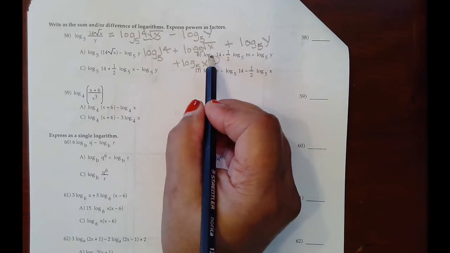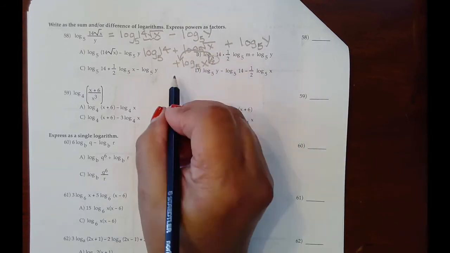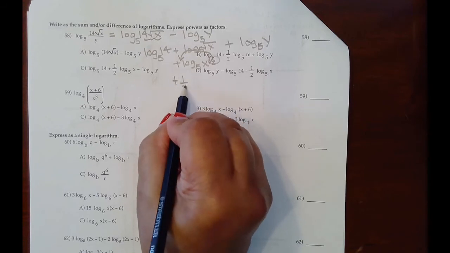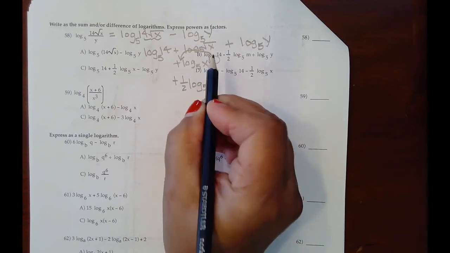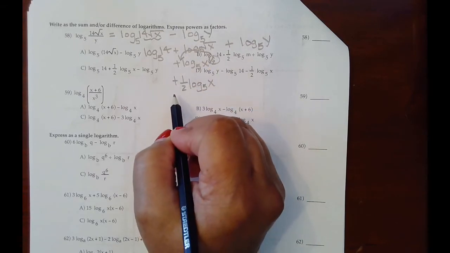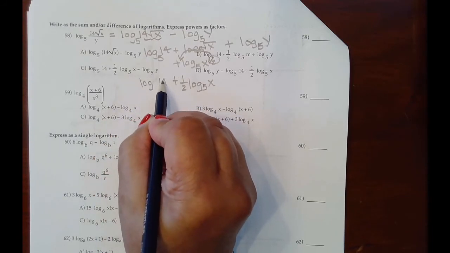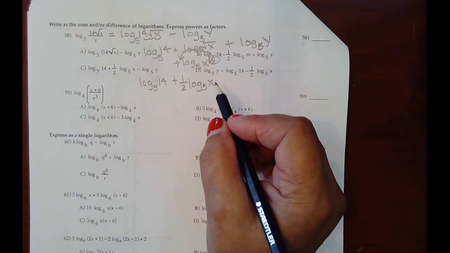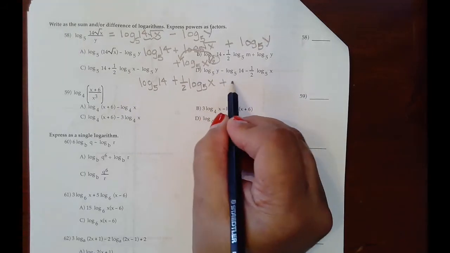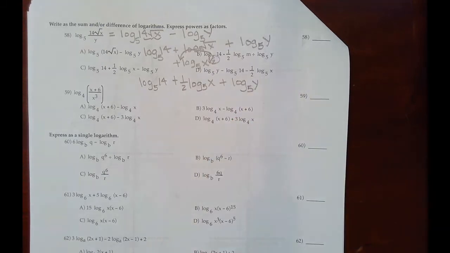And that power, according to the power property for logs, comes out and acts as the coefficient. So it would be 1/2 times log of x base 5 once you bring that 1/2 down in front as a coefficient, and then bring down these other terms. So that had almost all the properties for logs. It didn't have the inverse property in it. Plus log of y base 5. That's using all the properties to the fullest extent.